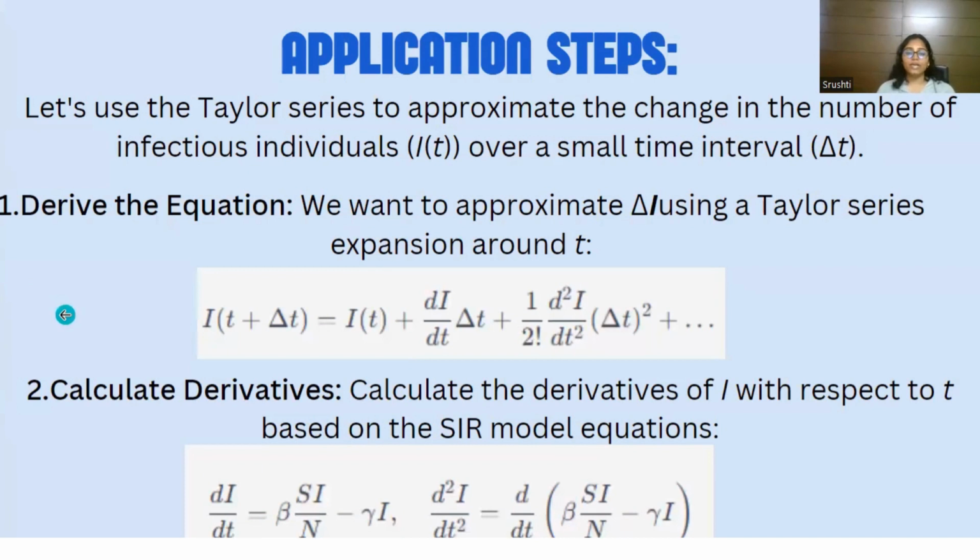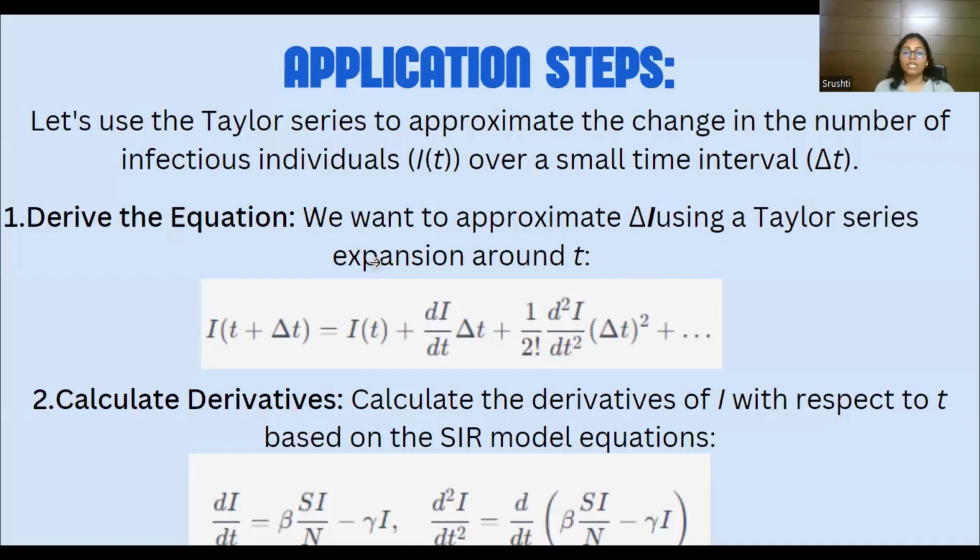Here dI by dt is equal to beta S into I divided by N minus gamma into I. And the second derivative, d squared I by dt squared, is equal to d by dt of beta S I by N minus gamma I.